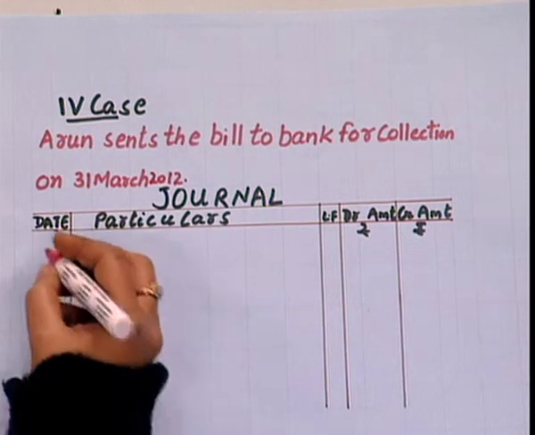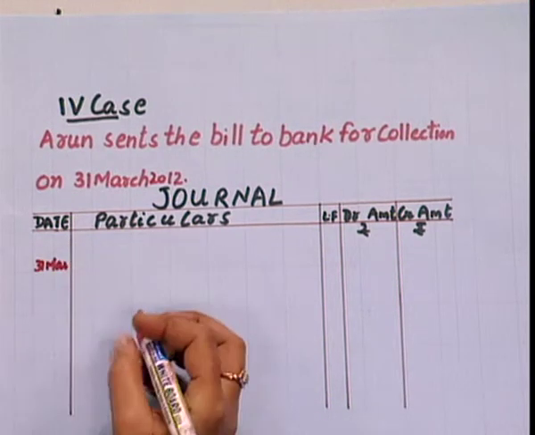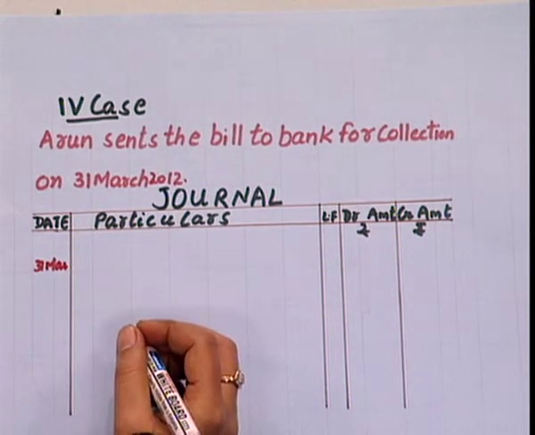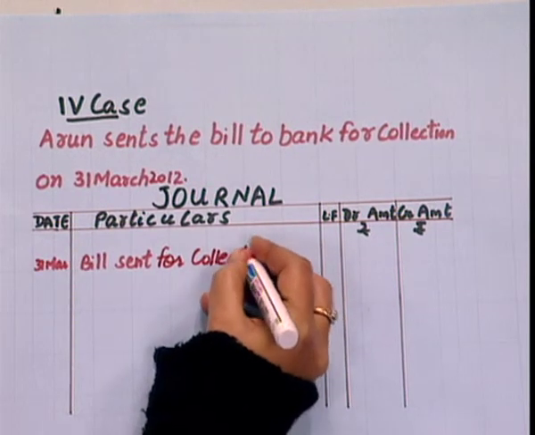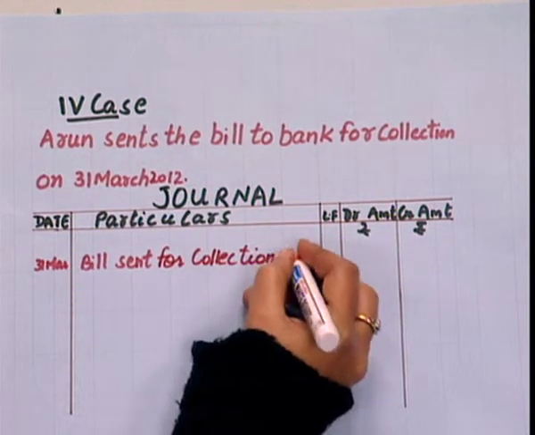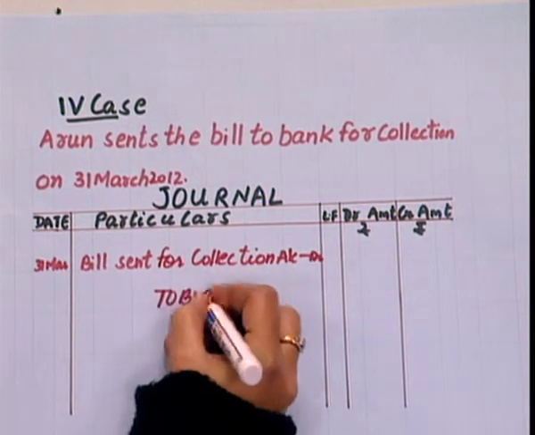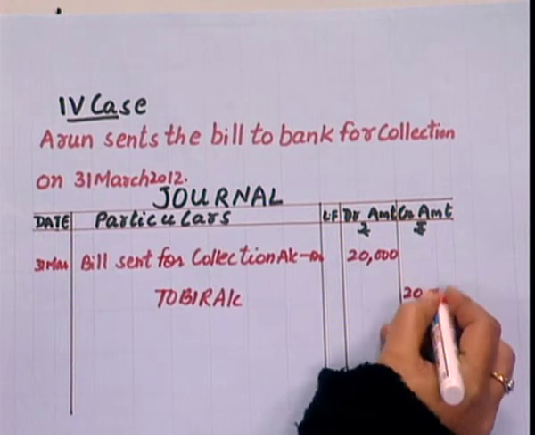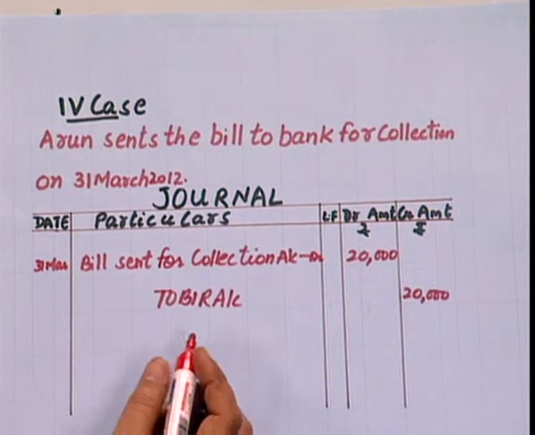Therefore, on 31st March, we will be passing the following entry when the bill is sent to the bank for collection. Entry is bill sent for collection account debit to bill receivable account 20,000. Narration: being bill sent to the bank for collection.